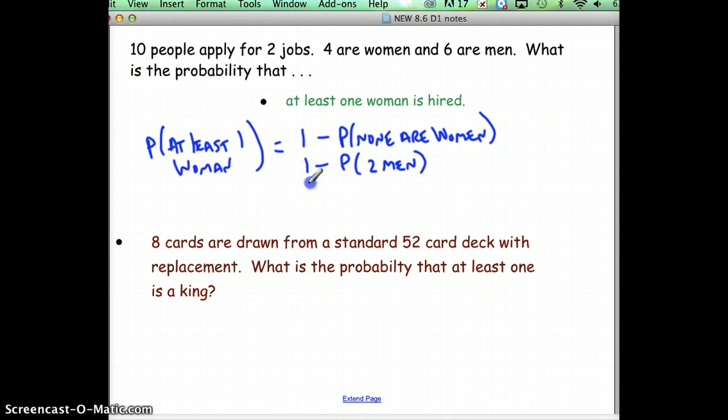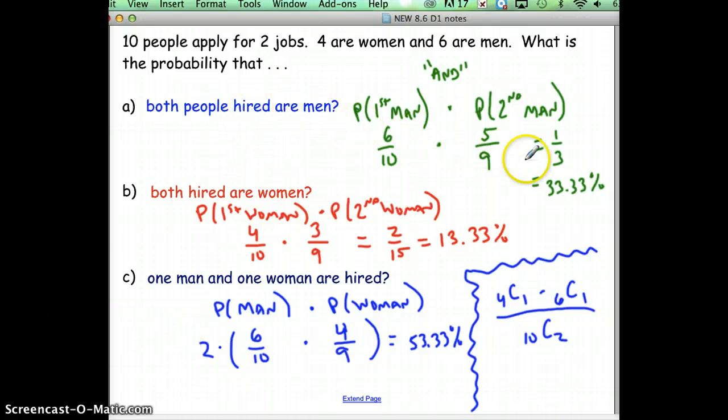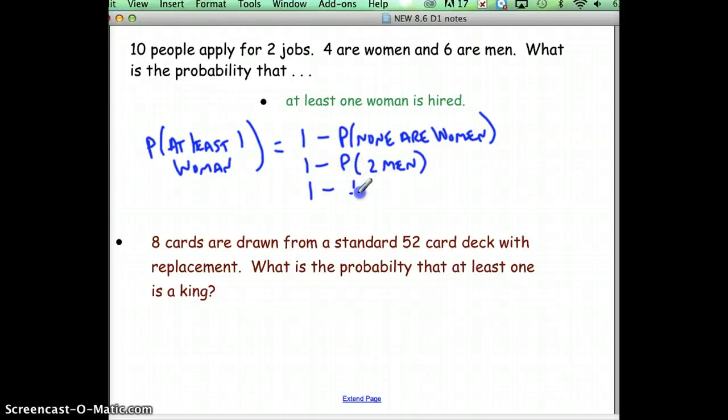And we already found the probability that 2 are men. Let's go back. Here's the probability that 2 are men, 1/3. Okay, so that means that the probability of choosing at least 1 woman is 2/3, or we could say that's 66.67%.